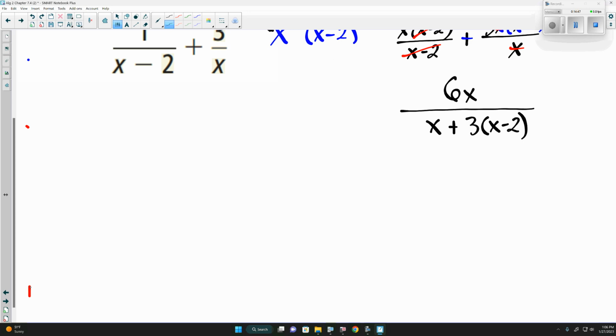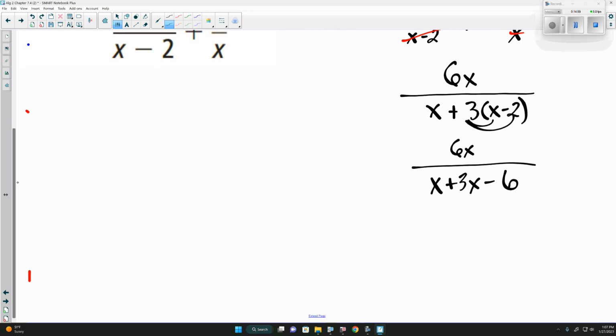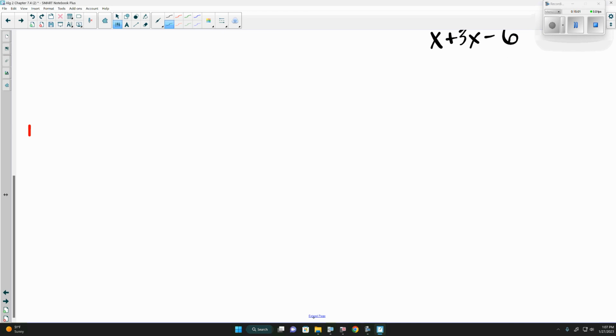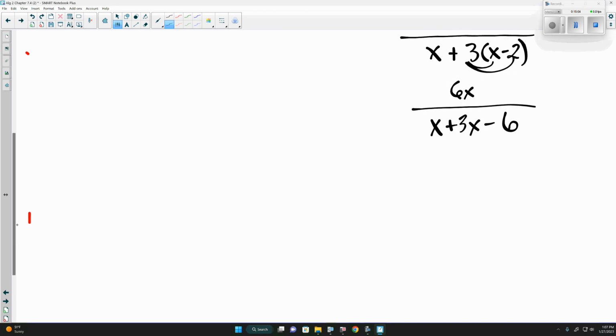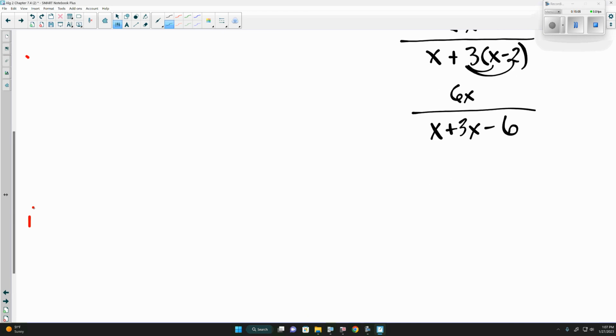Yep. Now we do need to multiply out. 3 times x is plus 3x. 3 times negative 2 is minus 6. 6x over 4x minus 6.